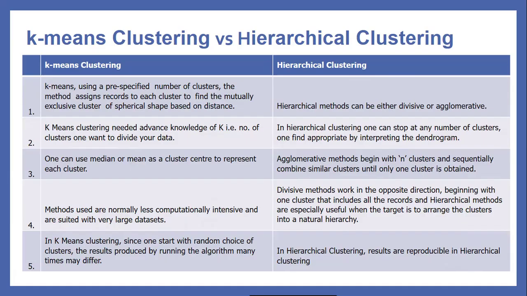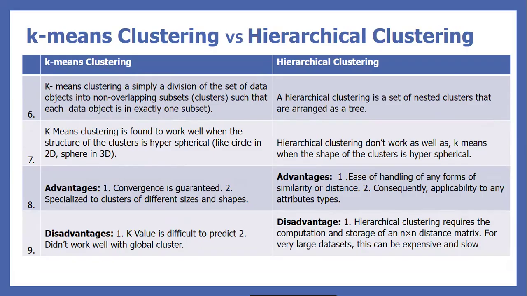K-means clustering is a simple division of the set of data objects into non-overlapping subset clusters such that each data object is in exactly one subset. A hierarchical clustering is a set of nested clusters that are arranged as a tree.